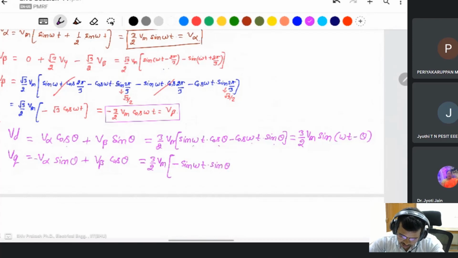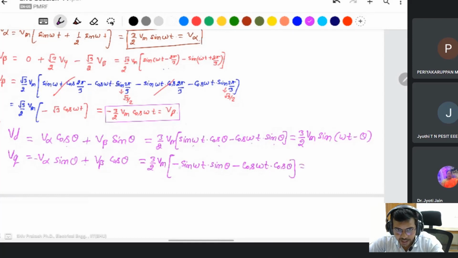V beta also has 3 by 2 Vm common; the remaining is minus cos omega t and cos theta.